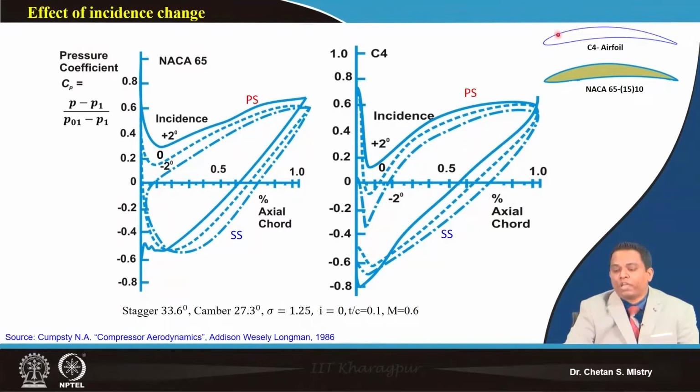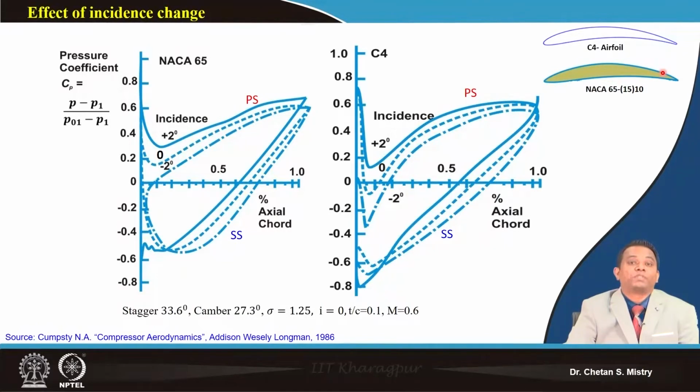Now not only the leading edge is important, the trailing edge is also equally important. If you look at the trailing edge for the C4 aerofoil, it has a certain amount of radius. If we compare with NACA 65, that is a sharp edge.